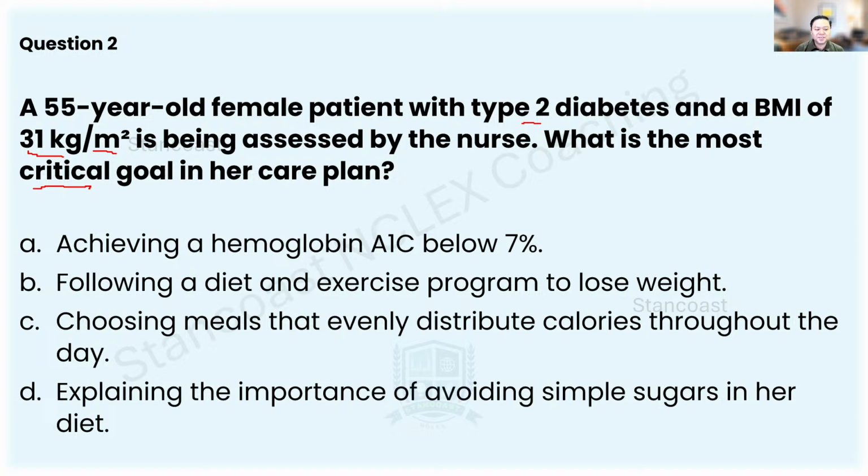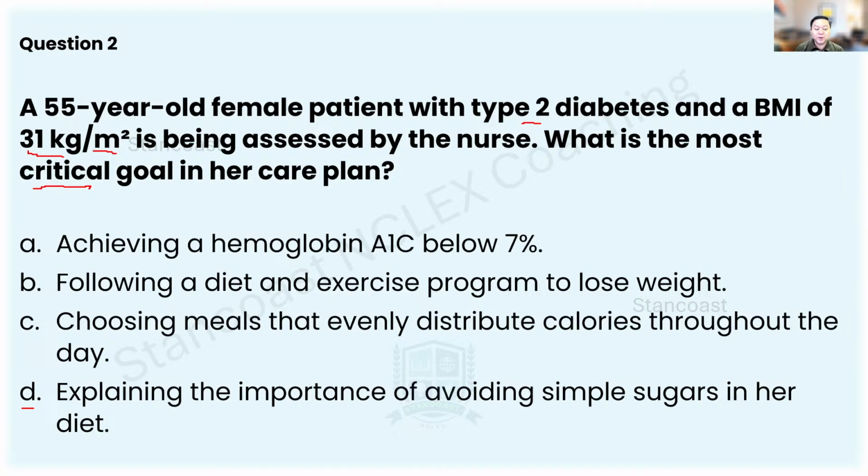If you had answered letter D, explaining the importance of avoiding simple sugars in her diet, would that be the most critical goal for this patient that has a BMI of 31 kilograms per meter squared with type 2? We know that the dietary education is very important, right? And avoiding the simple sugars is part of that regimen.